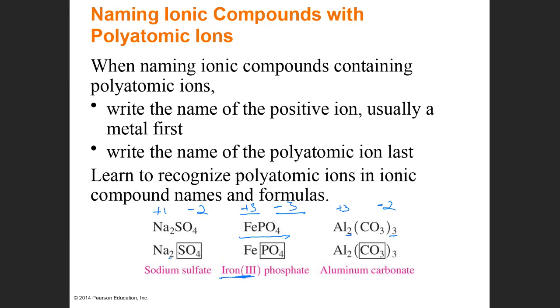And if you need to double check, 2 times +3 is 6, 3 times -2 is -6, which add up to 0. And so here, because I'm adding a subscript to a polyatomic ion, I add the parentheses around the ion and then put in the subscript.